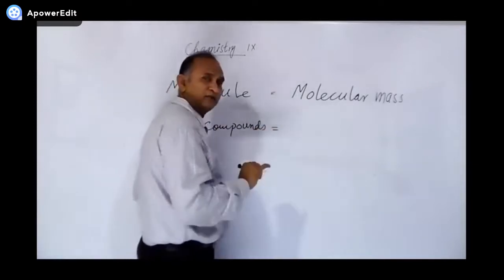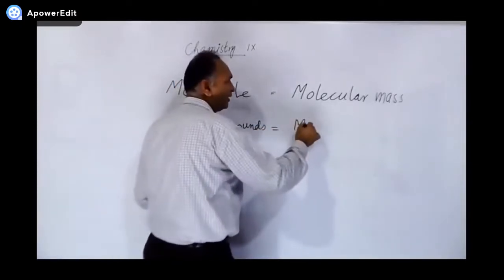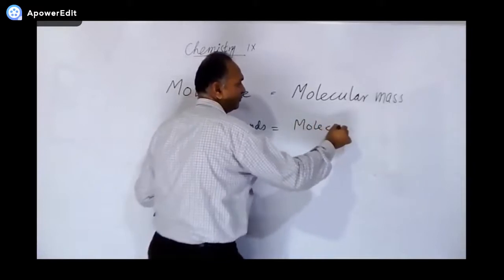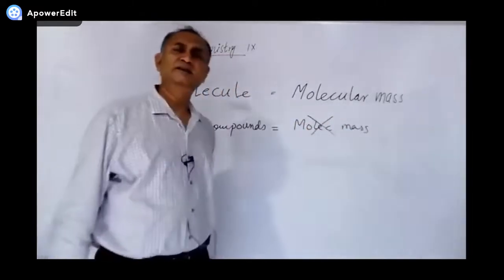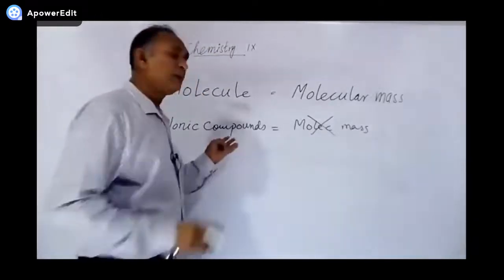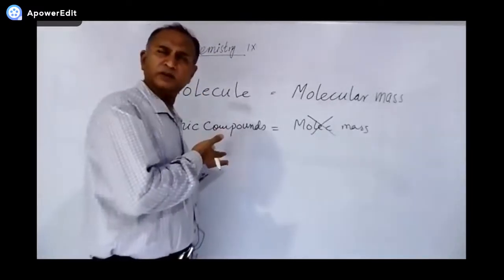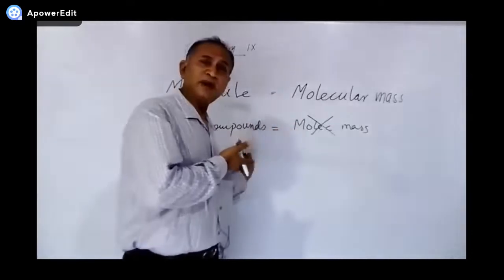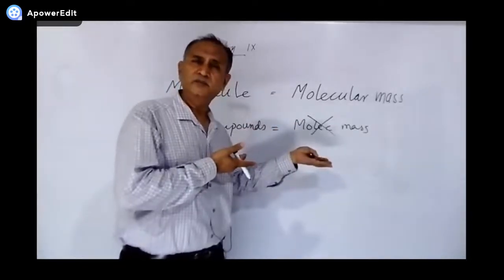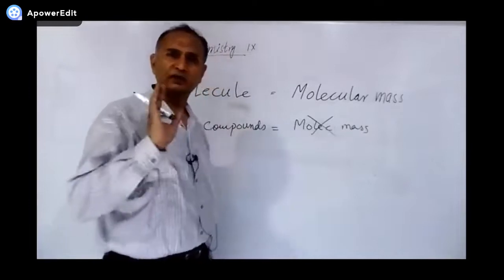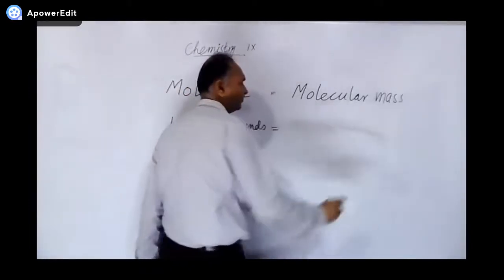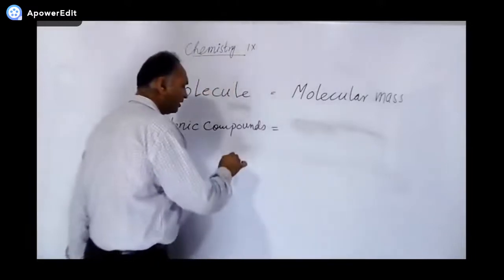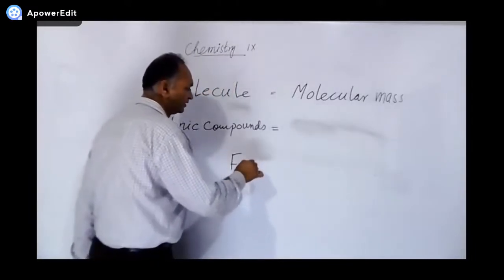For ionic compounds, if we write here molecular mass, then this will be 100% wrong, because in such cases there isn't any formation of molecules, so we can't call its mass molecular mass. So there they use a term called formula mass.